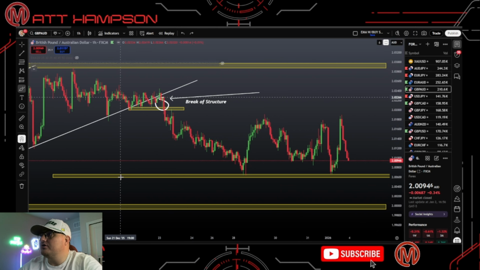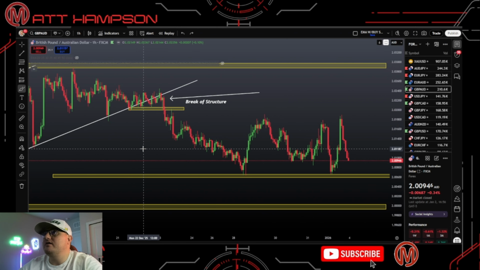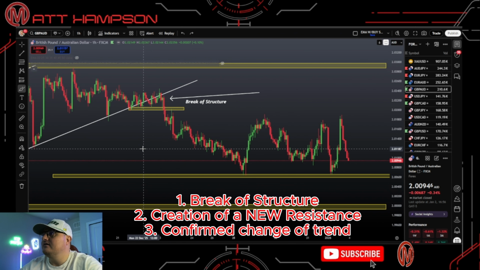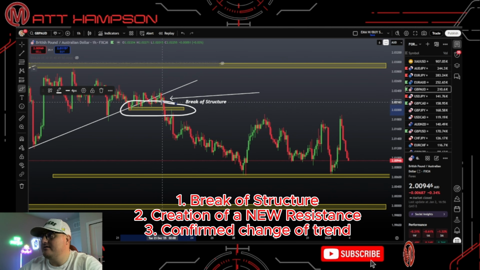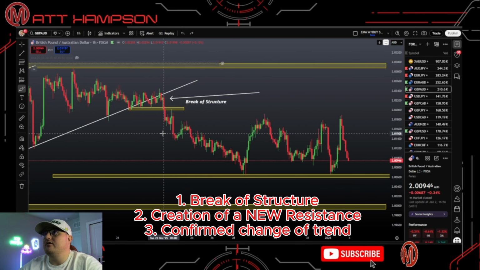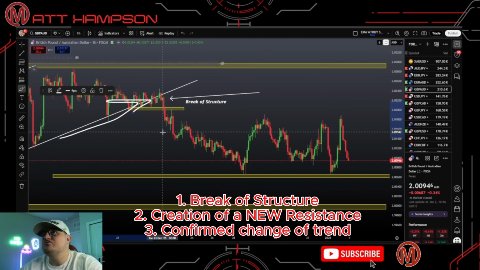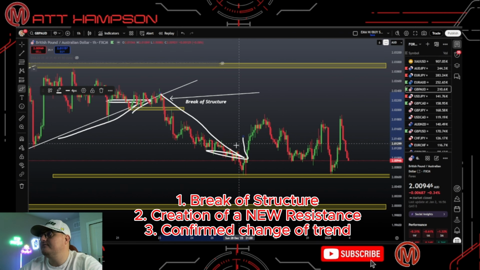So in order to avoid that, we wait for three confirmations. In this case, we had the break of structure, the creation of a new resistance, which broke an old support, which was right here, and we had the flip of the market from an uptrend to a downtrend.